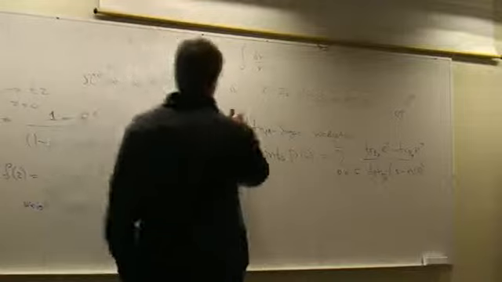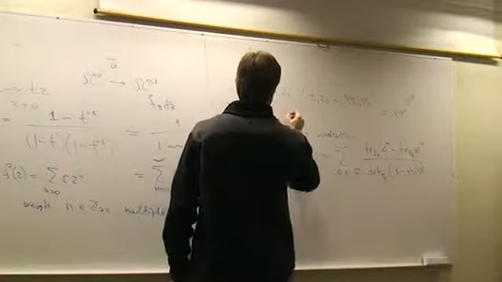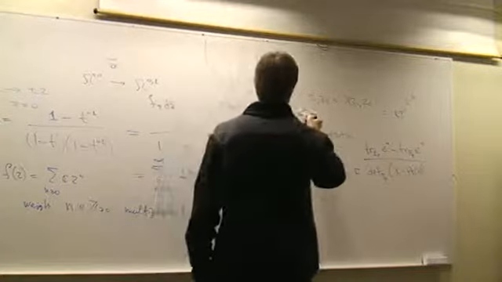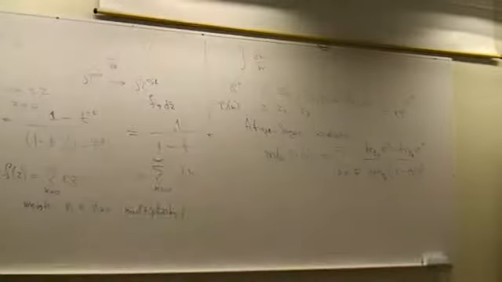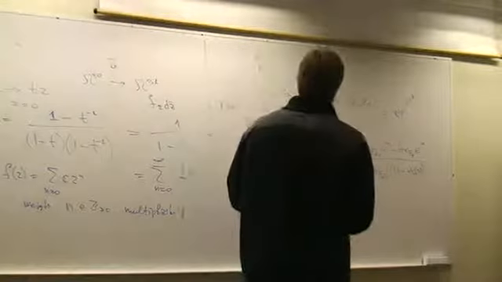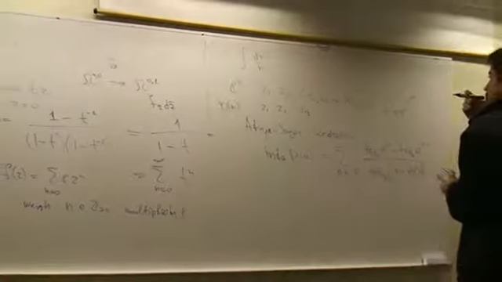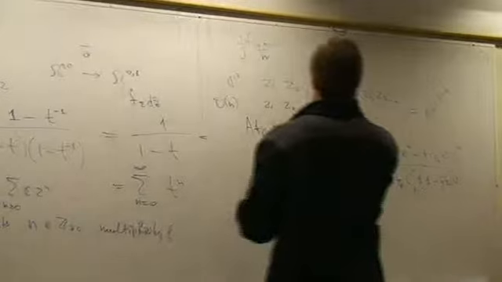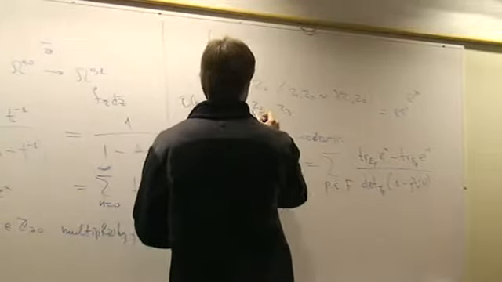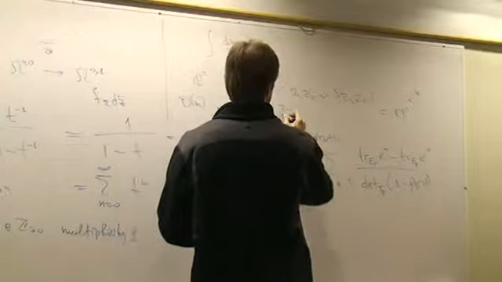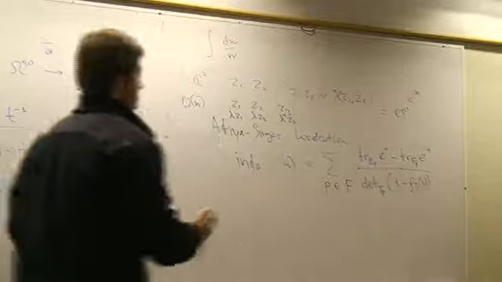You get the total space of the O(n) bundle if you take the coordinates Z1, Z2, and for the coordinate in the fiber take Z3, and take the action where Z1 goes to lambda Z1, Z2 goes to lambda Z2, Z3 goes to lambda to the power n Z3. It corresponds to O(n).